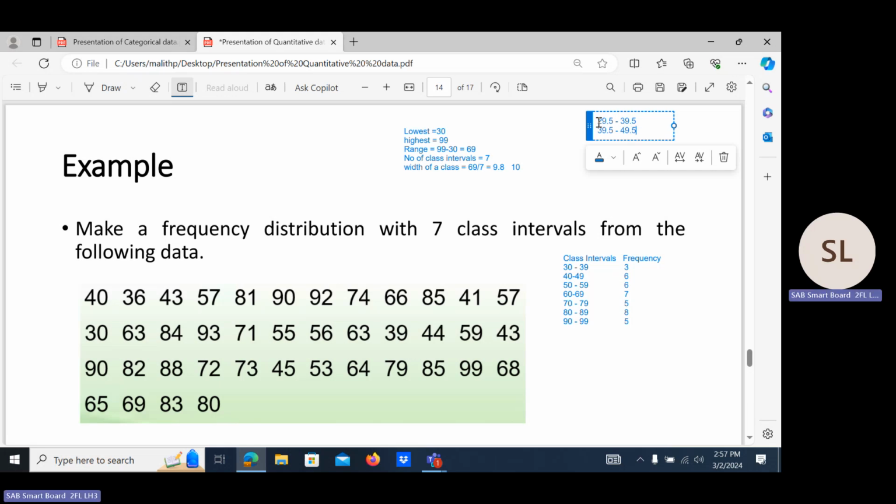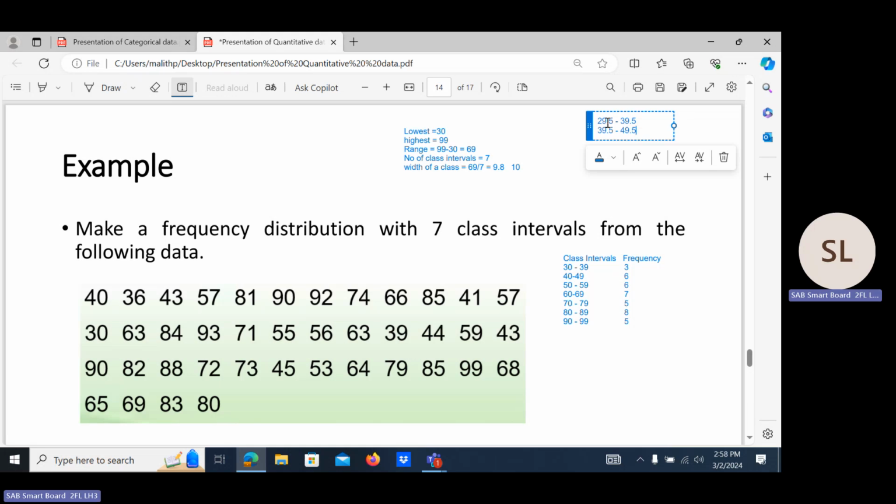These are the class boundaries, and there is no gap. The first one does not start from 0, it starts from 29.5. Normally we draw the horizontal axis from 0. Then 0 to 29.5 is a gap of 29.5, but the next one, 39.5, is a gap of 10. So the sizes of the bars are not equal.